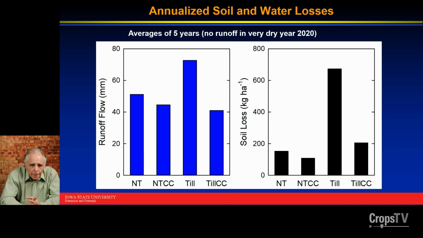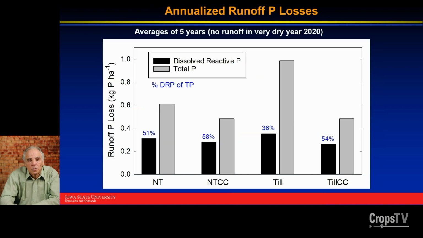We see that the effect of the cover crop at reducing runoff and soil loss is really important with tillage. With tillage, the cover crop reduces the runoff flow to about half and reduces the soil loss to about 1/4, 1/3. However, in no-till, yes, the cover crop reduces the losses, but it's not as much, and that's probably because of the effect of no-till, residue cover, and so forth.